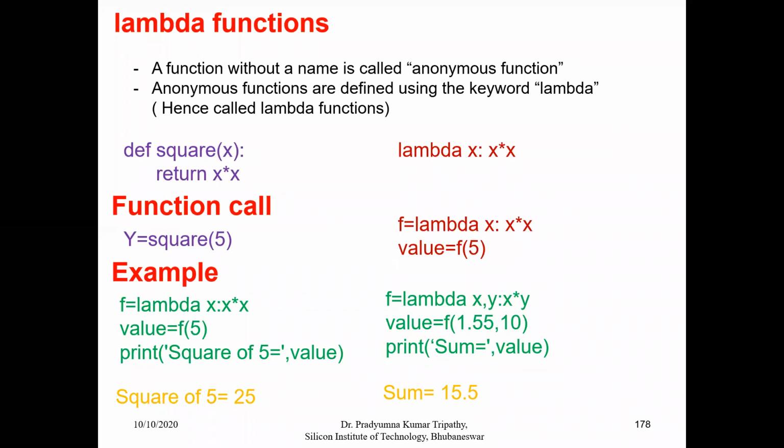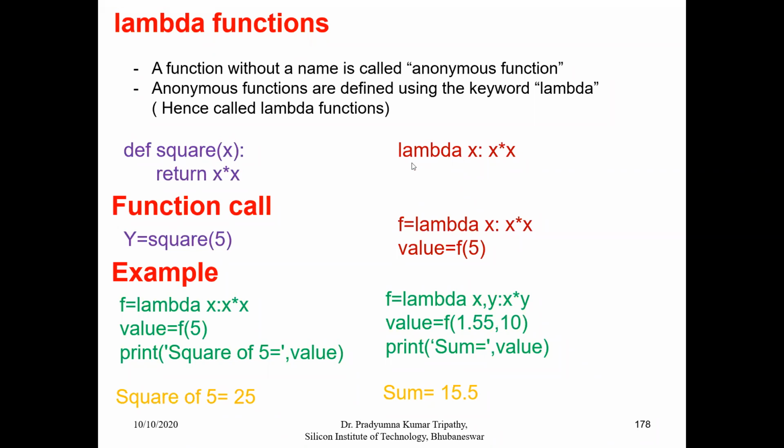Such functions are called lambda functions, and they are defined using the keyword lambda. Just look over here. How do you declare a function in the regular way? Define square of x, return x into x. If you define the same function using lambda, I just have to write lambda x colon x into x.